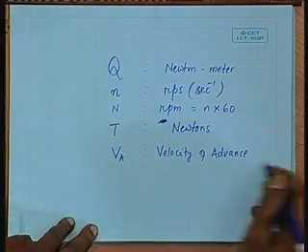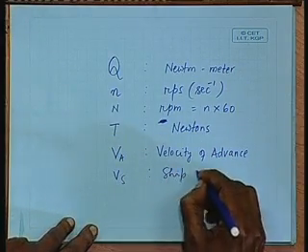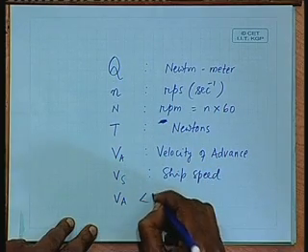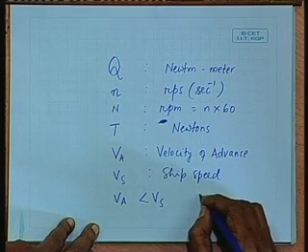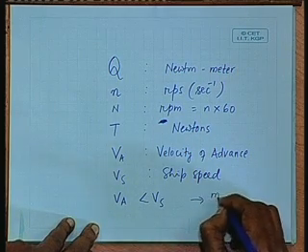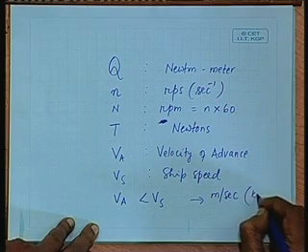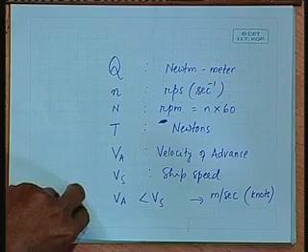That is, if I write Vs as ship speed, VA will be less than Vs. Units of all speeds will of course be meters per second, or more conventionally knots, which can be converted to meters per second by multiplying with 0.5144.